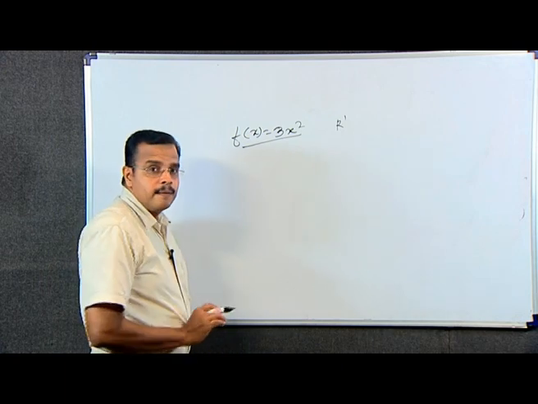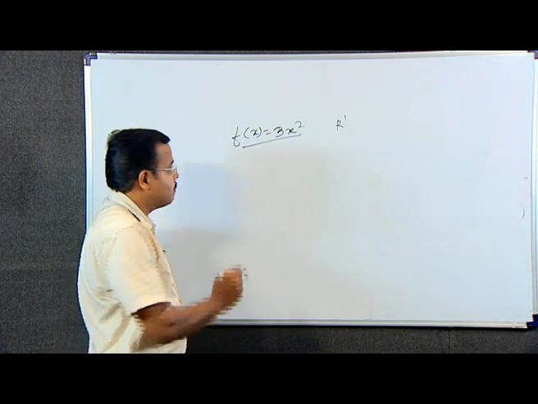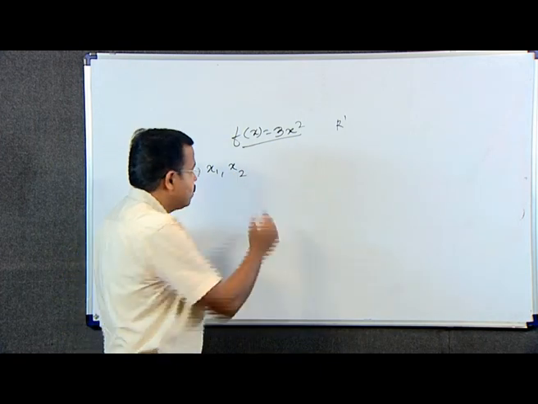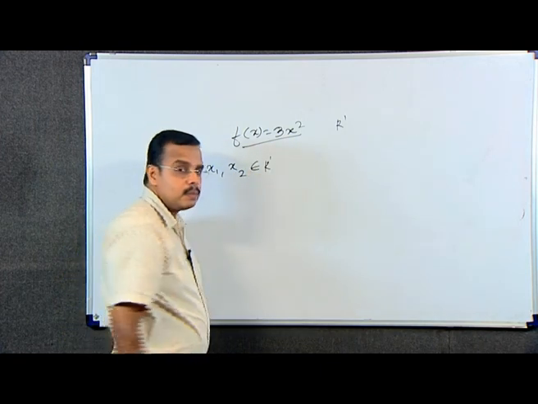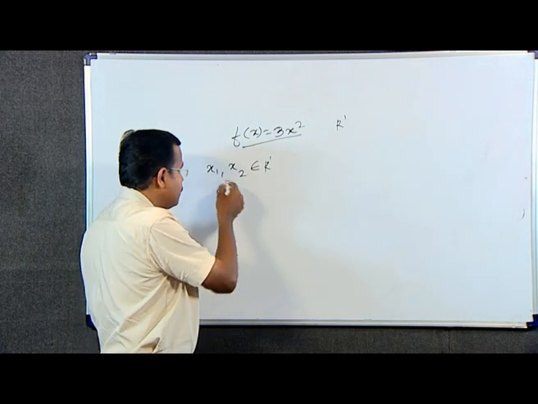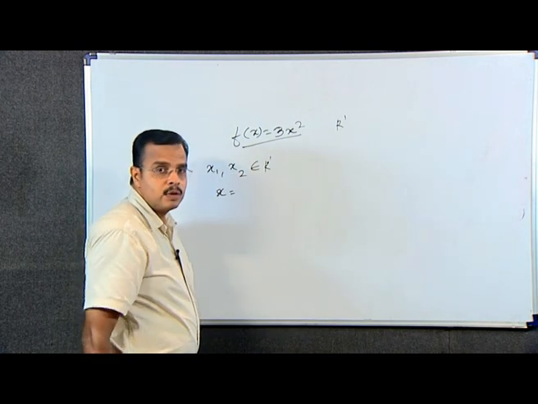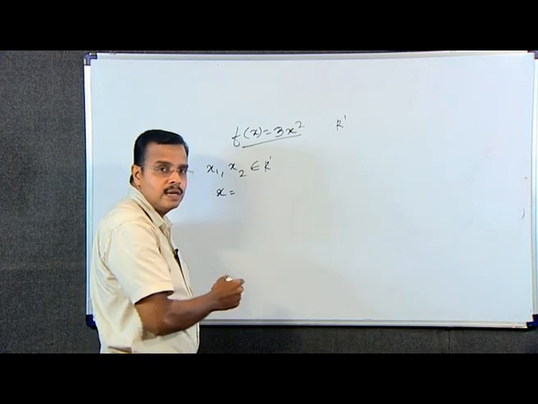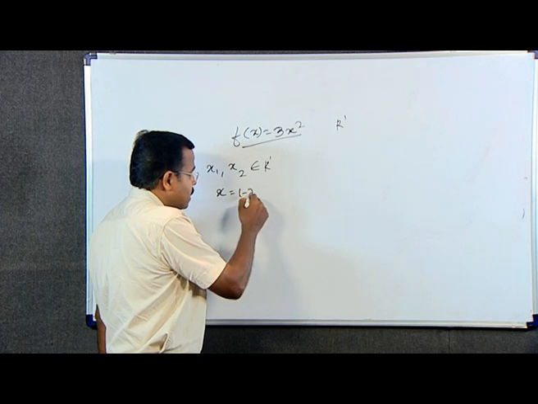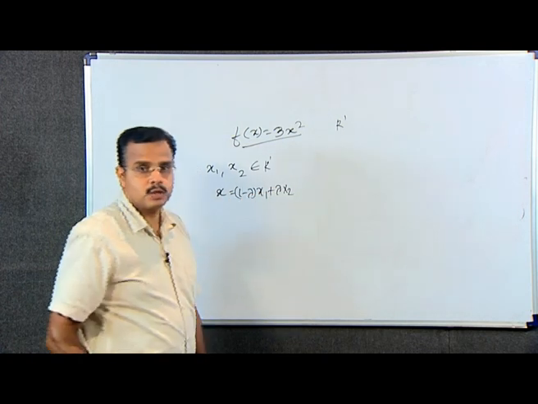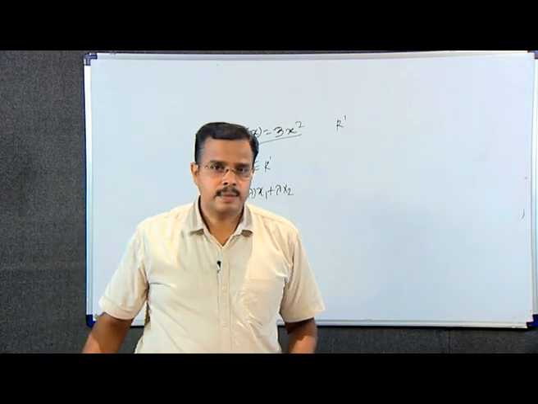So, for that we are considering the points x1, x2 belonging to R1. Let x be a point that is a convex linear combination of x1, x2. That means it is a point on the line joining x1, x2. x equals (1 minus lambda) times x1 plus lambda times x2, that is considered as x.